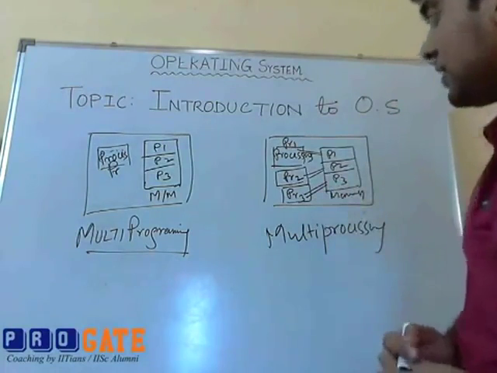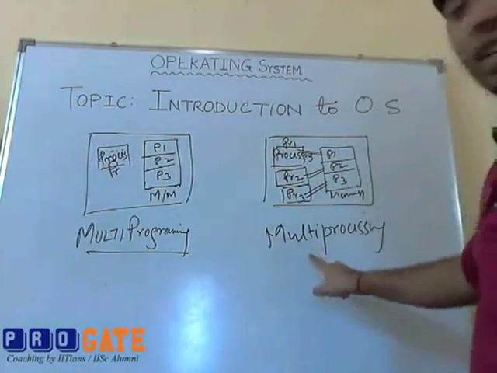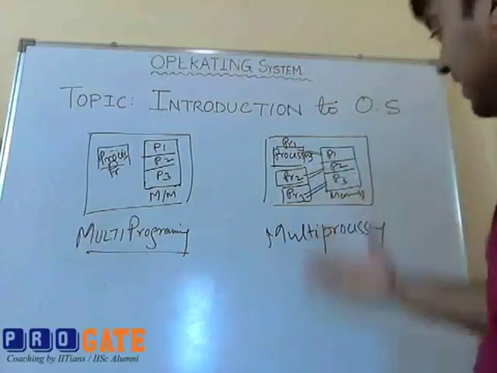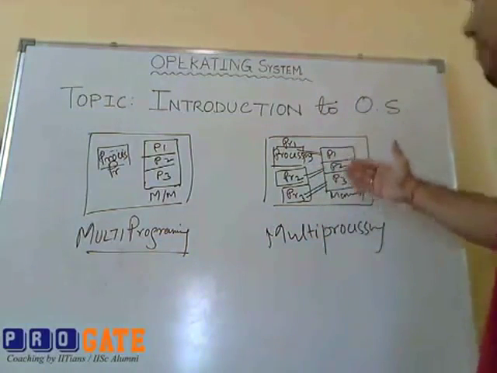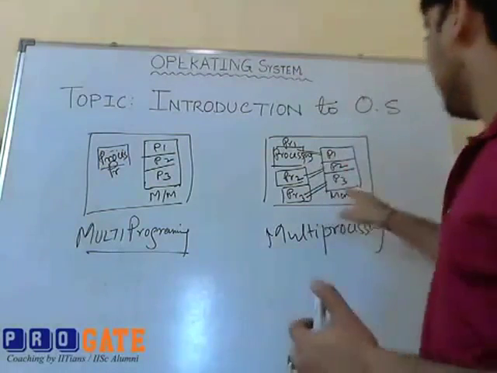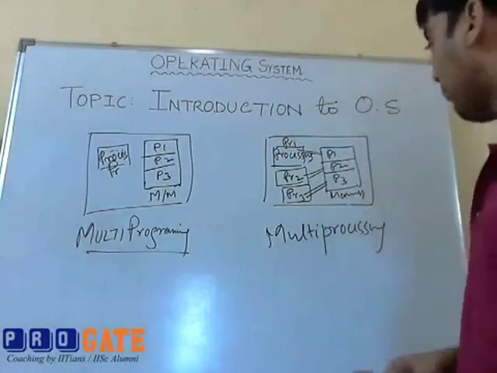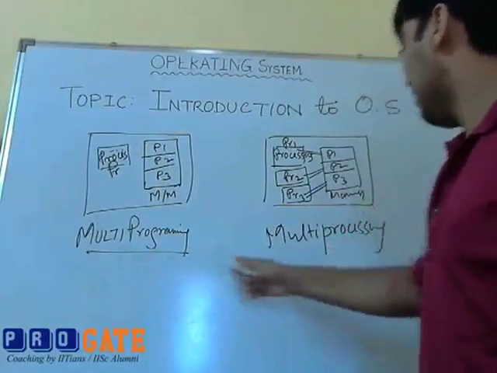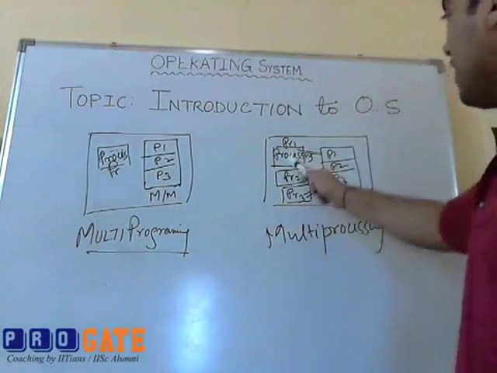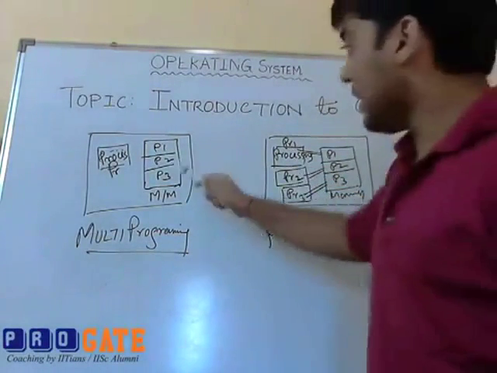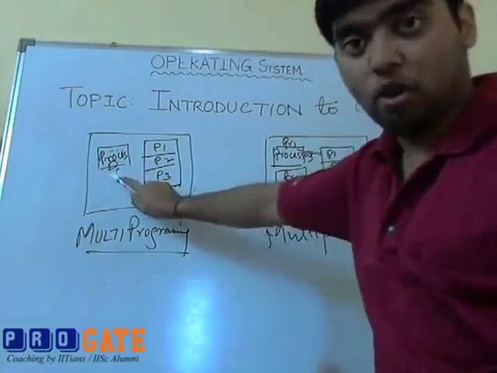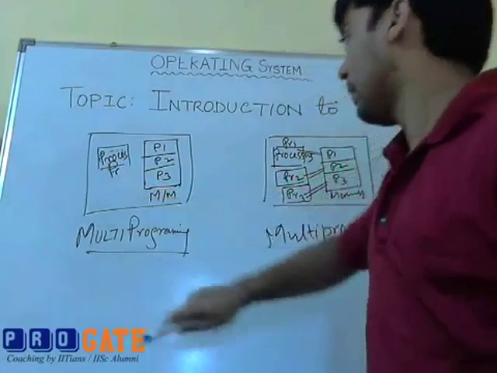So the difference is that a multi-processing system is also a multi-programming system, since a number of programs are stored simultaneously in the memory at one time, unlike a simple multi-programming system. In a multi-processing system, you have number of processors. See, here, though there are number of processes, there is only one processor, or there is only one CPU.